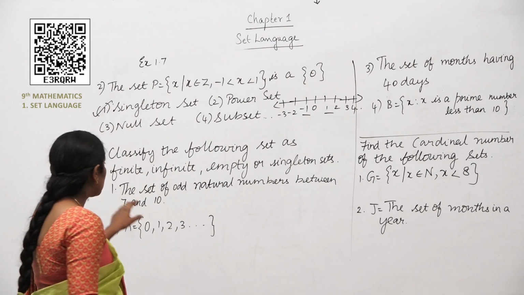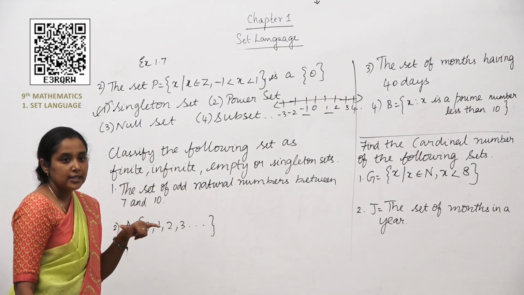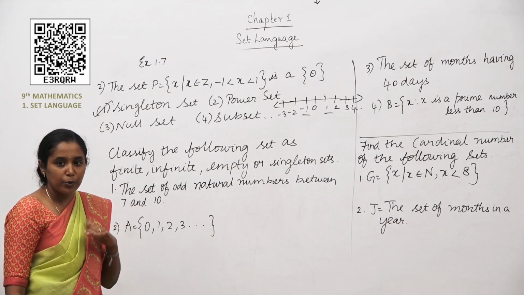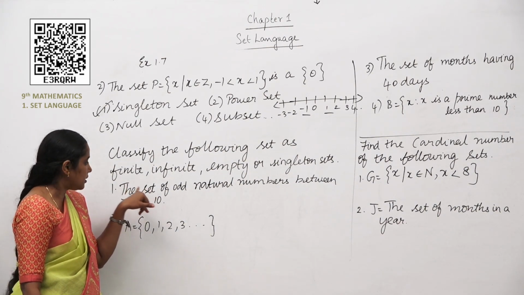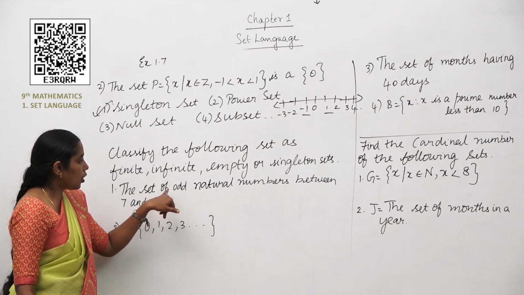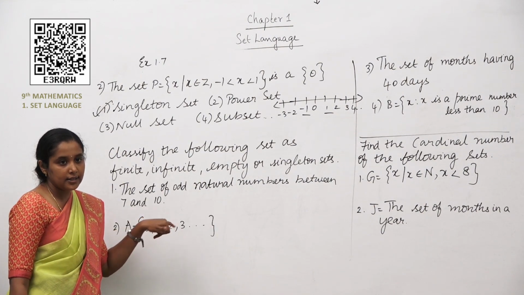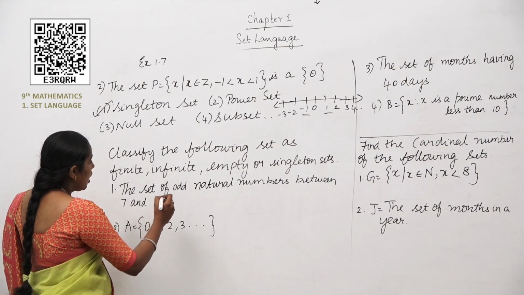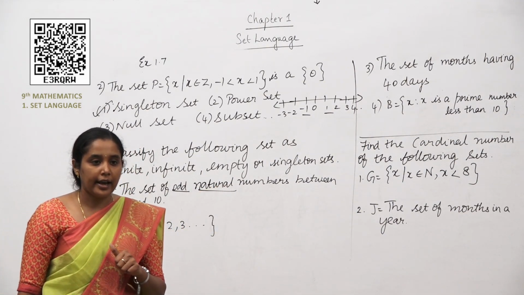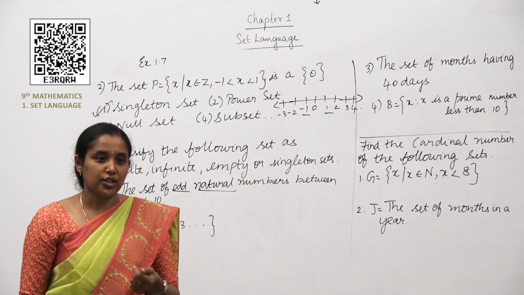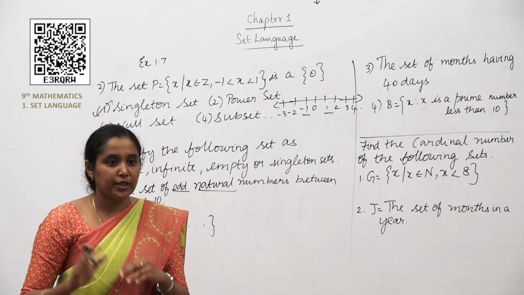Classify the following sets as finite, infinite, empty or singleton set. Now I won't say; you have to identify what type of set it is. First one, the set of odd natural numbers between 7 and 10. What are the natural numbers between 7 and 10?